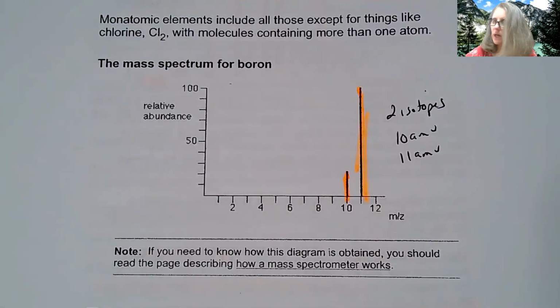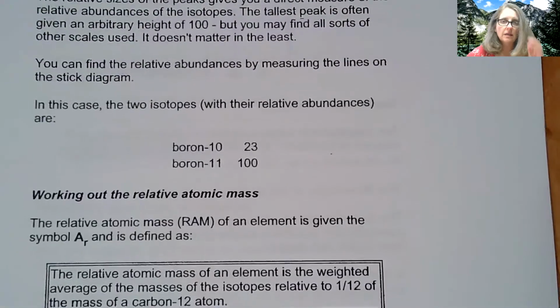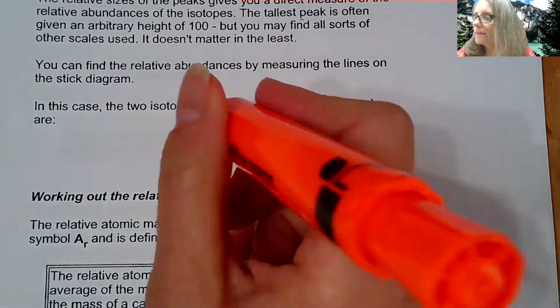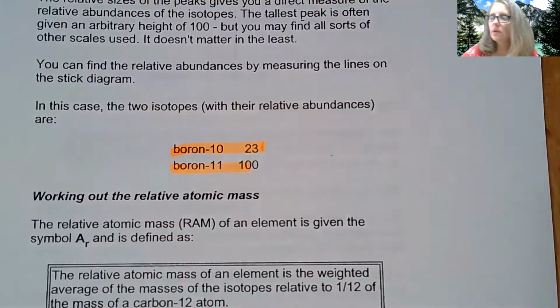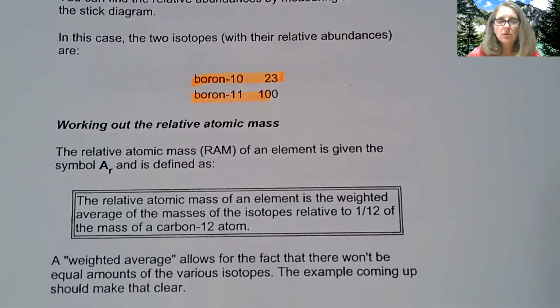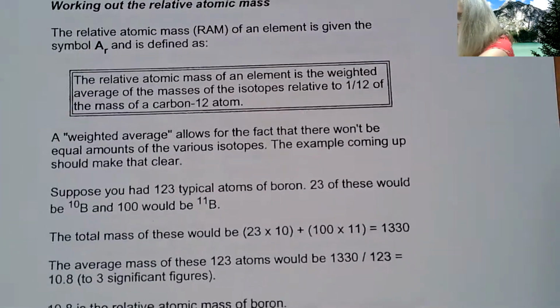So how do we equate that? Because when we usually do isotopes, 100 is not one of the options that you have. So what the actual instrument does is equate that to each other. What we're going to do is find what we call the relative atomic mass.